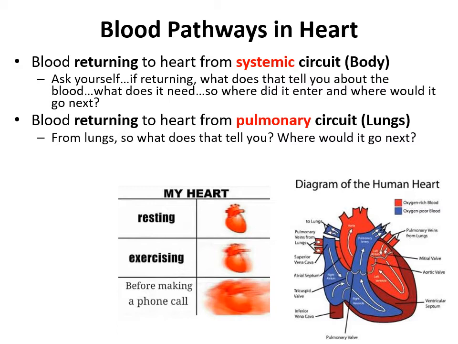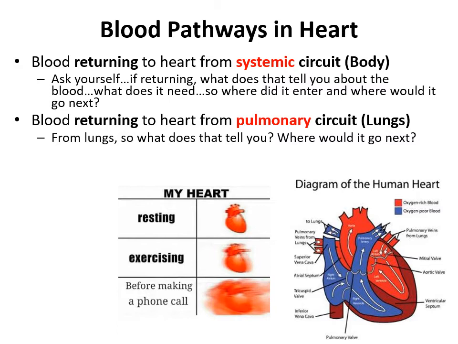And what does the left ventricle want to do? Well, it got all of this oxygenated blood. It's going to want to share it with the rest of the body. Okay, it wants to bring oxygen to the rest of the body. So the left ventricle will now pump the blood through the aortic valve into the aorta, which leads to the systemic circuit, meaning the body system.